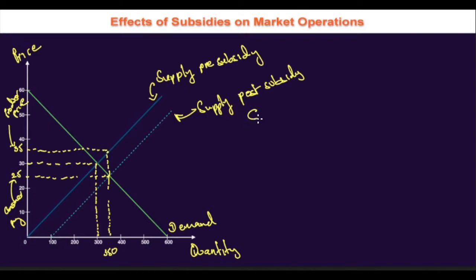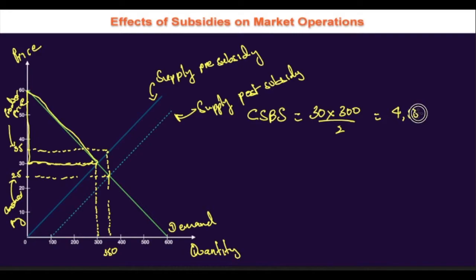So the consumer surplus before subsidy is 60 minus 30, into the quantity 300, divided by 2, since it is this triangle. That would be 4,500.